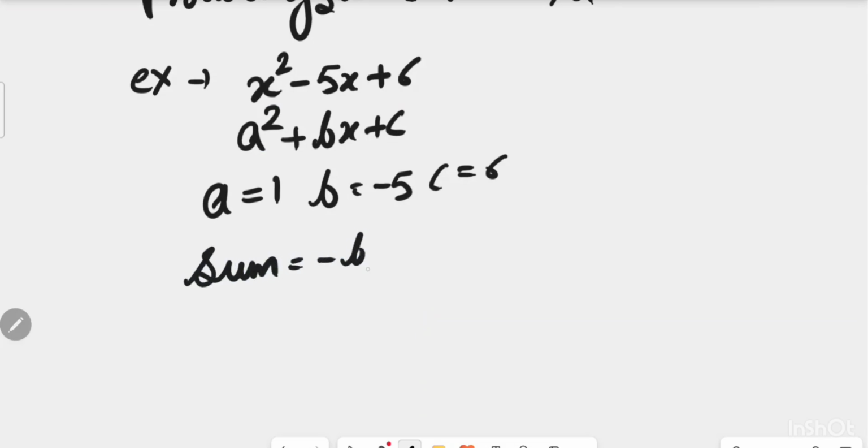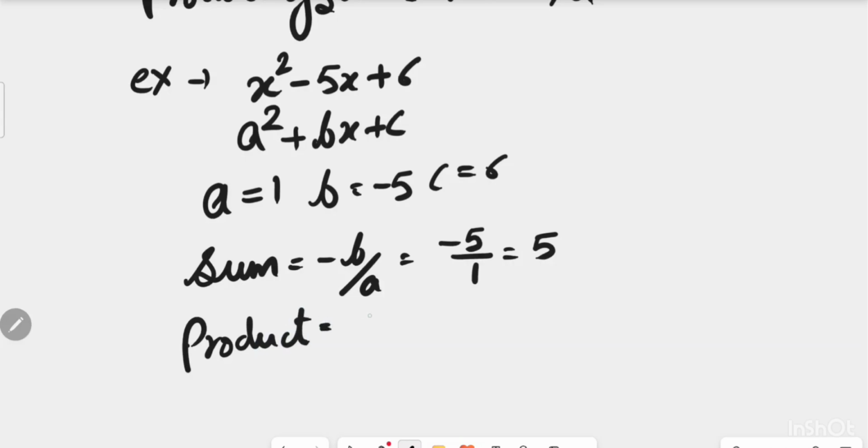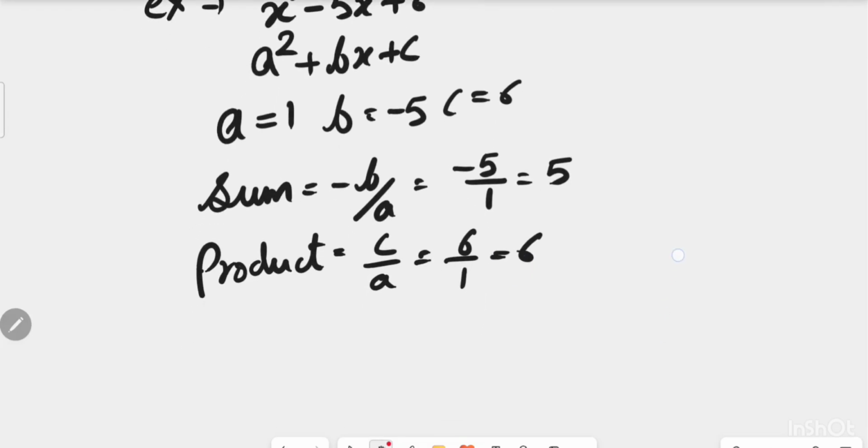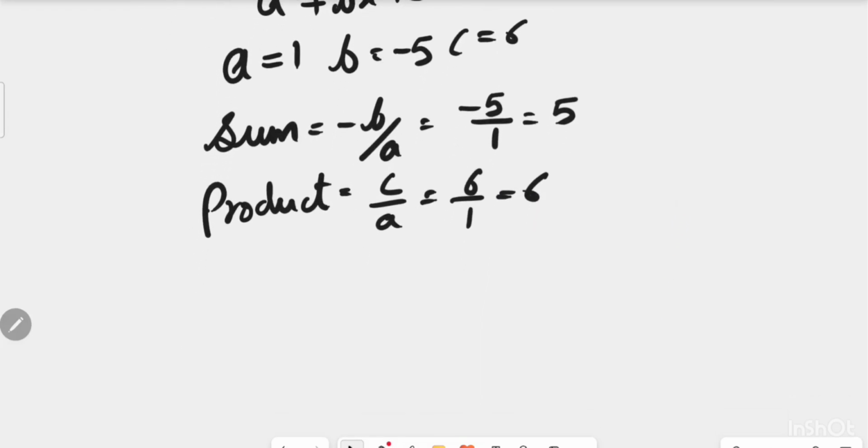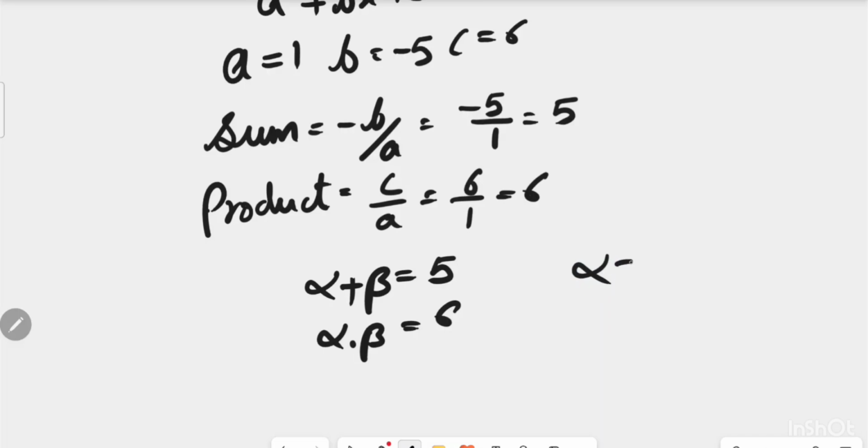Sum is minus b by a, so it will be minus of minus 5 by 1, that is 5, and product c by a, that is 6 by 1, which is 6. Here alpha plus beta equals 5 and alpha into beta equals 6. So from here we can find that alpha will be equal to 2 and beta will be equal to 3.